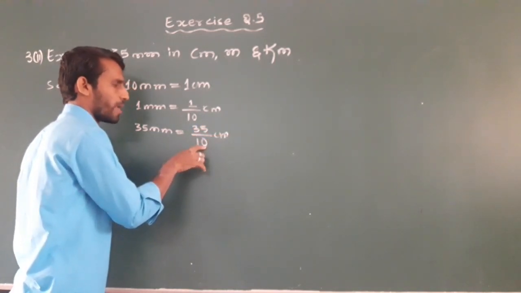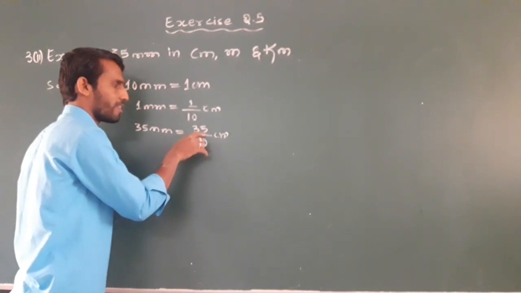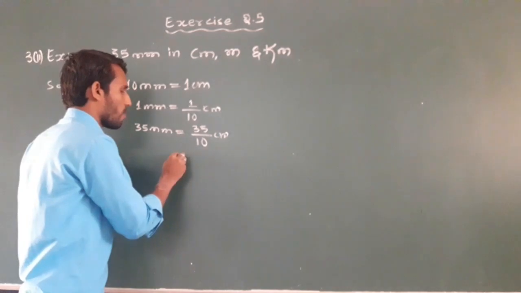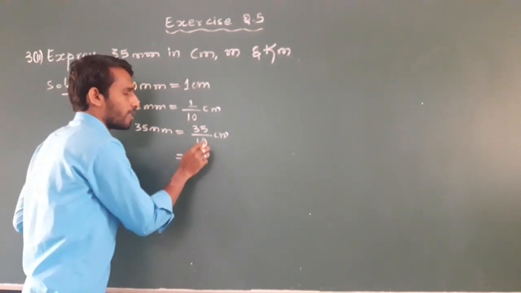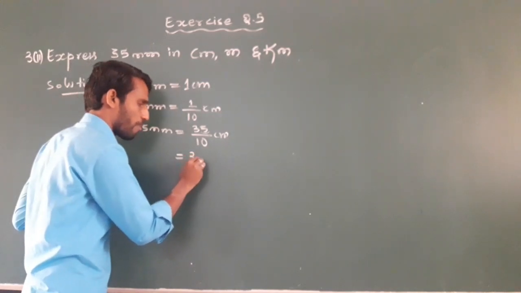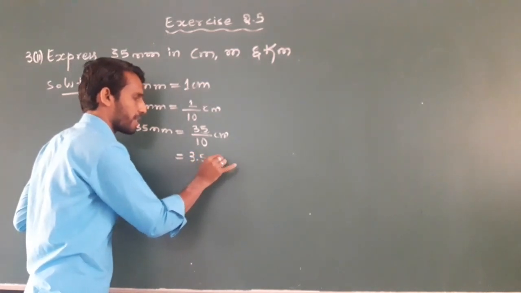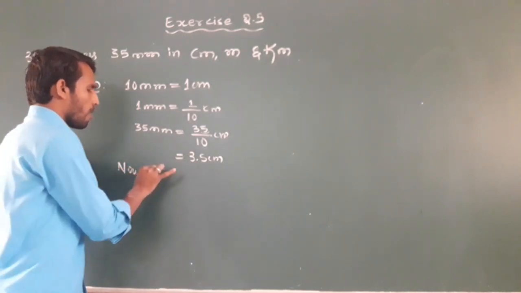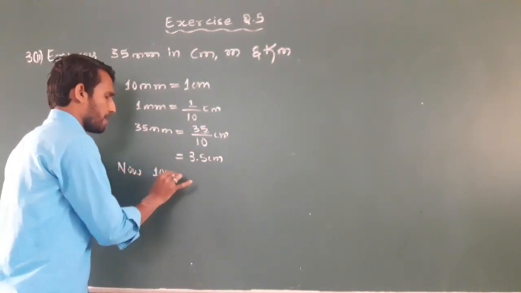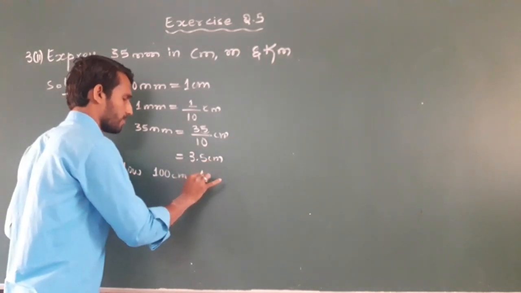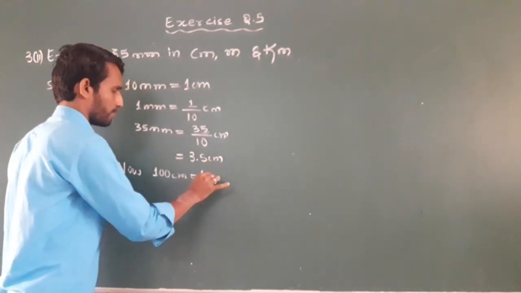Here we have one zero, so we have to shift after 1 number. When we shift the decimal point after 1 number, we get 3.5 centimeter. Now 100 centimeter equal to 1 meter.